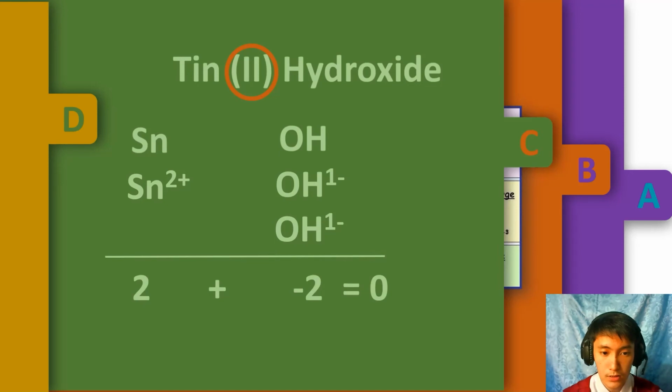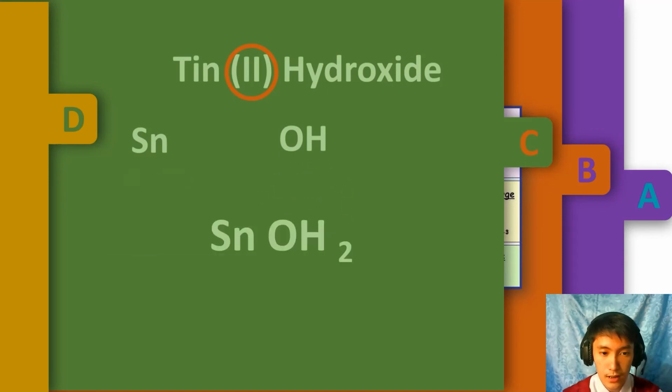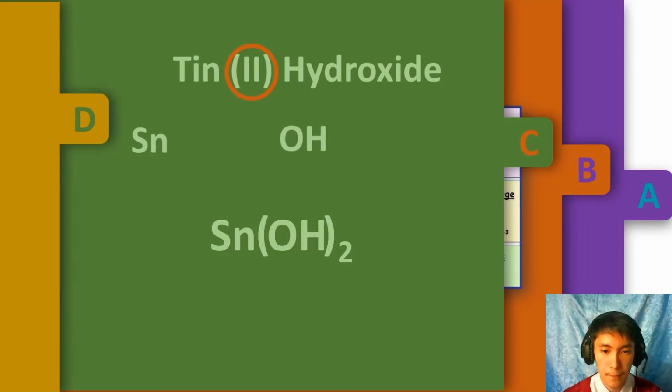So 2 minus 2 equals 0. Then we have here 1 tin and 2 hydroxide. So we have Sn(OH)2. In this case, the last element is a polyatomic ion, and the rule when there is a subscript to a polyatomic ion is that we should indicate the open and close parentheses before the subscript.